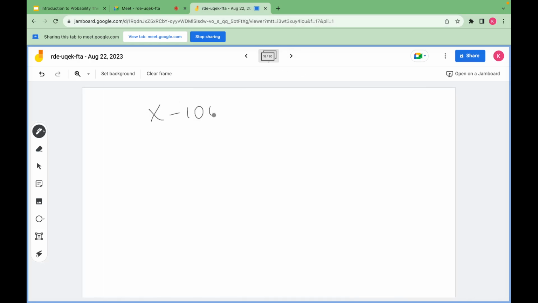So x minus 100 equal to 0.2 into y minus 103. So this comes out to be x is equal to 0.2y plus 17.6.